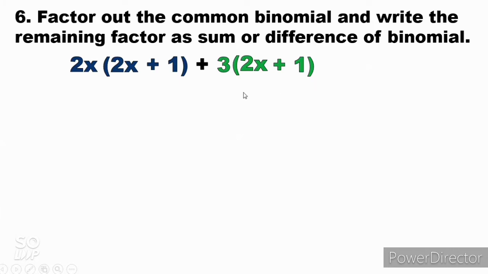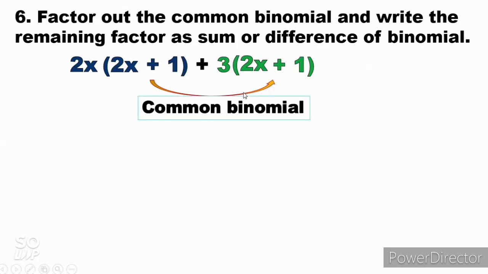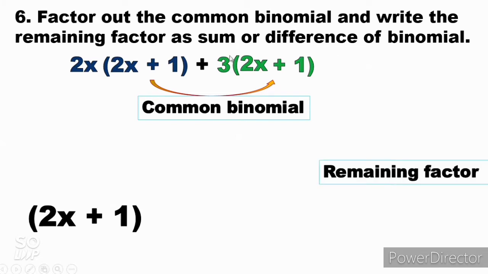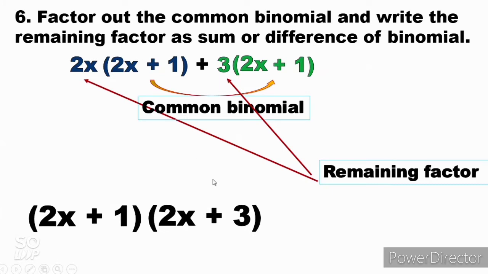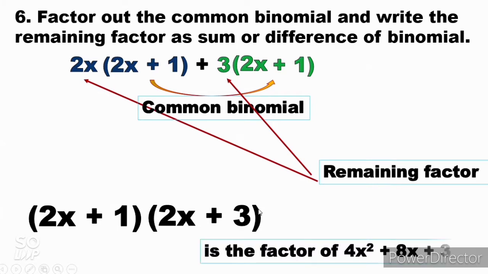So, yan yung tinatawag nating common binomial. Factor out 2x plus 1 and then write the remaining factor. So, ang remaining factor natin is 3 at saka yung 2x. Igugroup lang natin yung dalawa. Then, now we have 2x plus 3. So, the quantity of 2x plus 1 times the quantity of 2x plus 3 is the factor of 4x squared plus 8x plus 3.